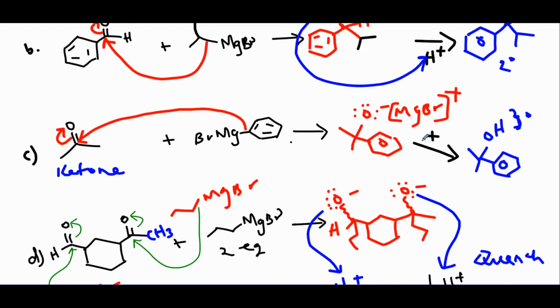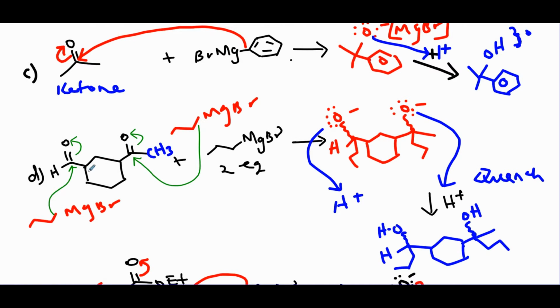And then quench with an acid, you get a tertiary alcohol. Why is this a tertiary alcohol? Because you have three carbons, 1, 2, 3 carbons bonded to a carbon containing the OH. So ketones react with Grignard reagents to give tertiary alcohols.